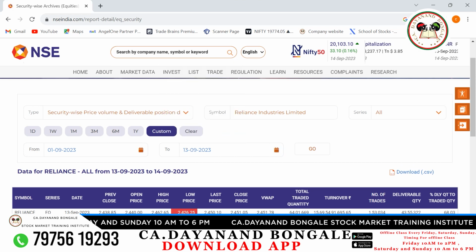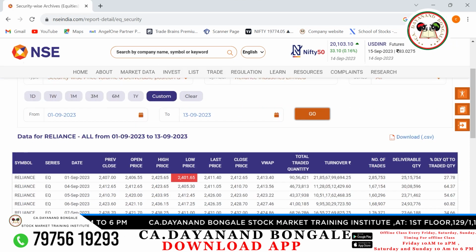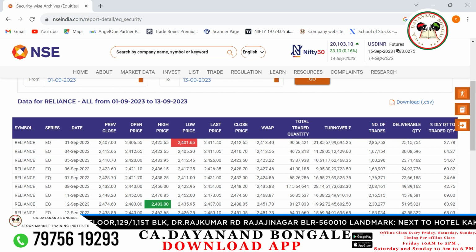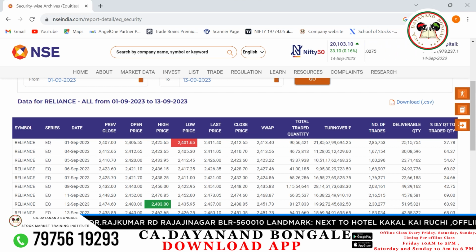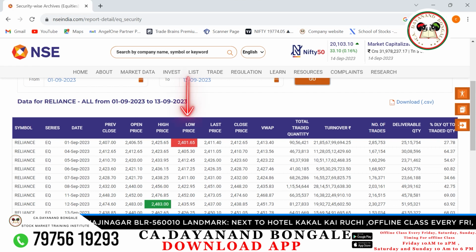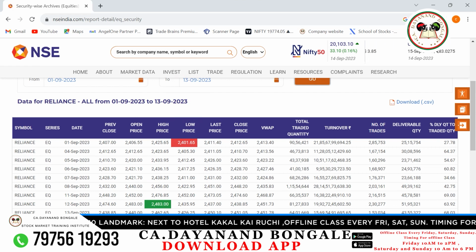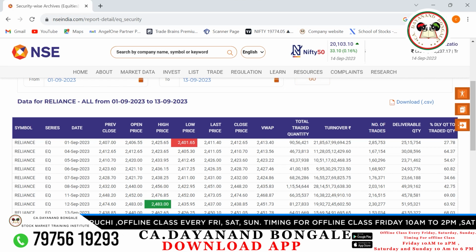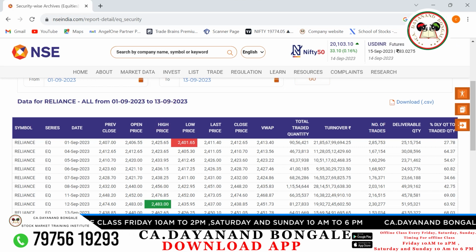Go. Here, my dear friends, we can see the data from 1st of September to 13th of September. We can also see there are 2 colors that have been used. Within this trading period, the lowest price of Reliance was 2,401 rupees 65 paisa and the highest price is 2,483 rupees.